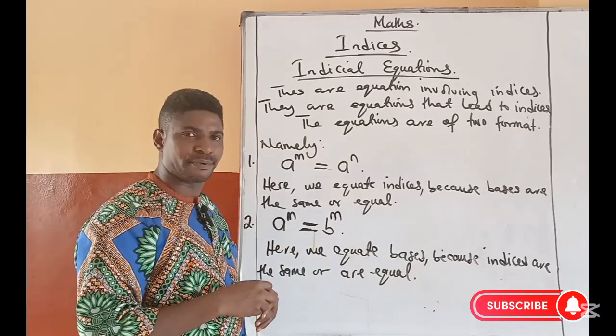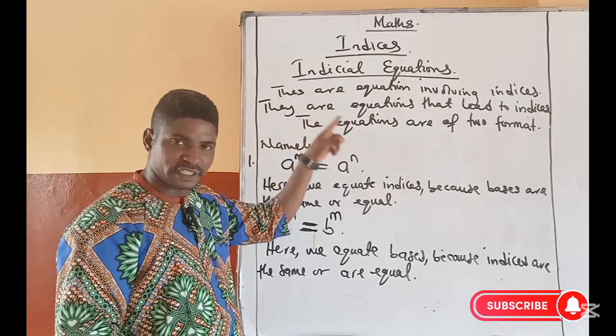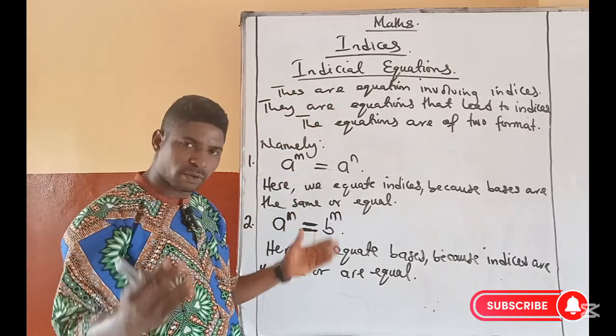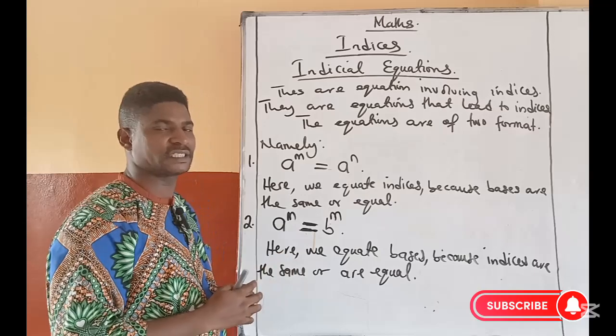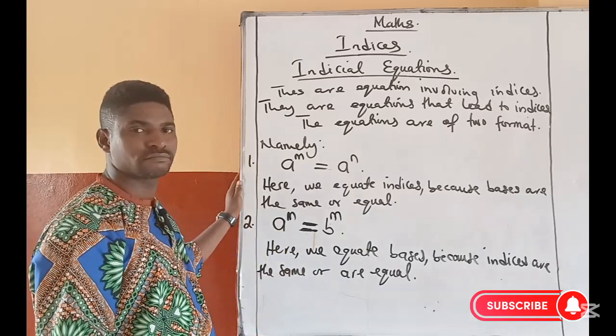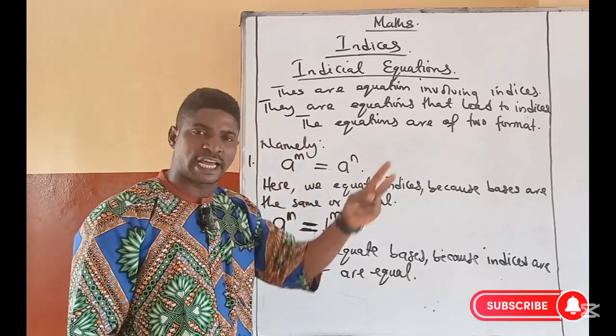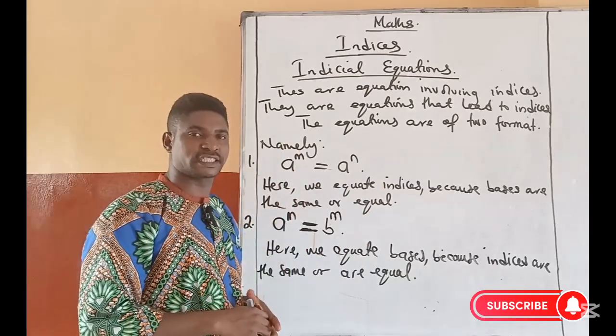Let me quickly recap. Indicial equations are equations involving indices, or they are equations leading to indices. They are usually of two formats, and they will usually have two terms separated by the equality sign.